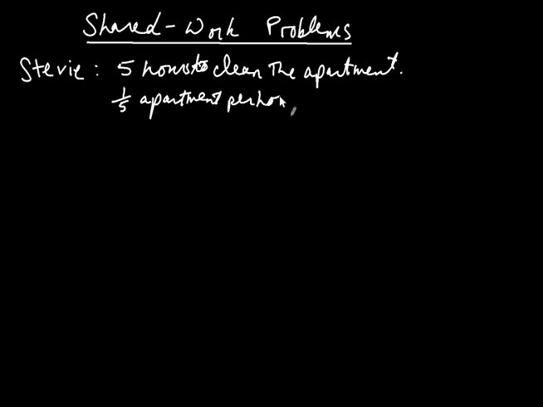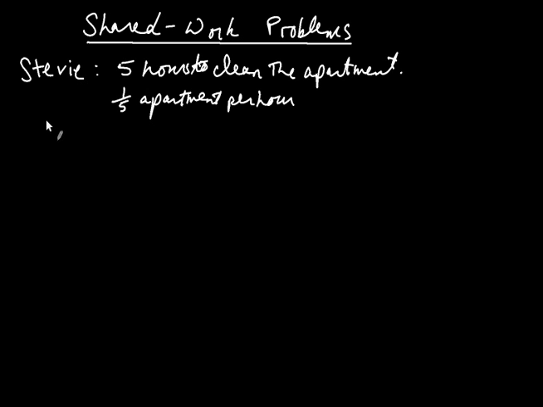Okay, that's his average rate of work. That kind of makes sense, right? Because after 2 hours, he's done 2/5, and after 3 hours, he's done 3/5. 4 hours, 4/5, 5 hours, he's done 5/5 of the apartment, and that's one full apartment. So he works at a rate of 1/5 of the apartment per hour.